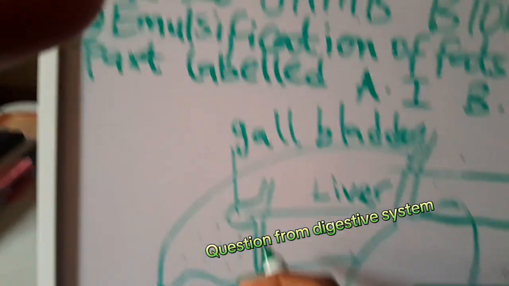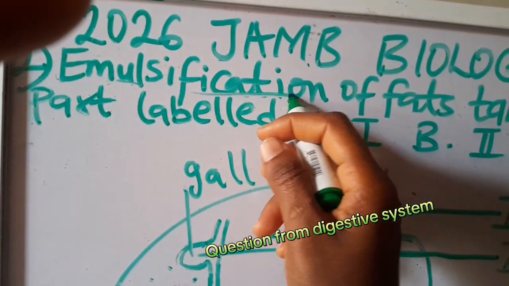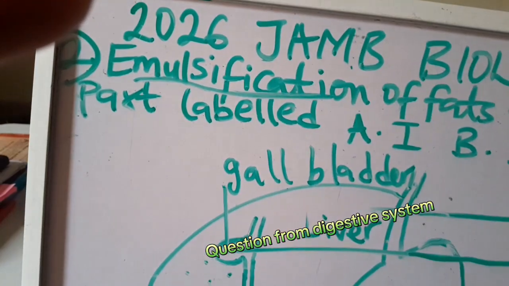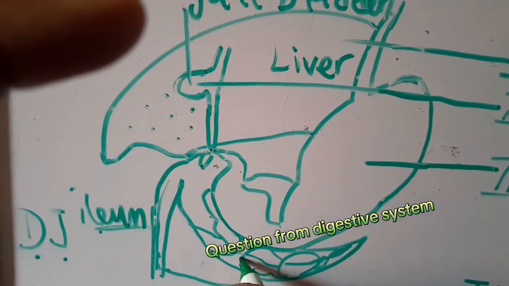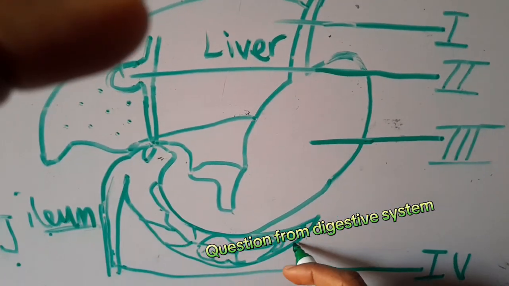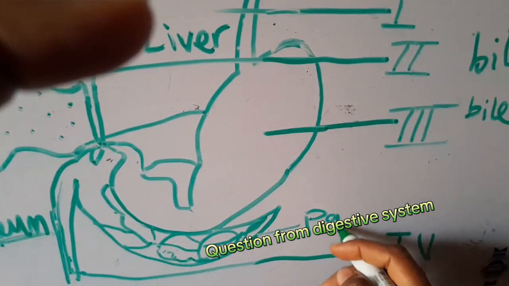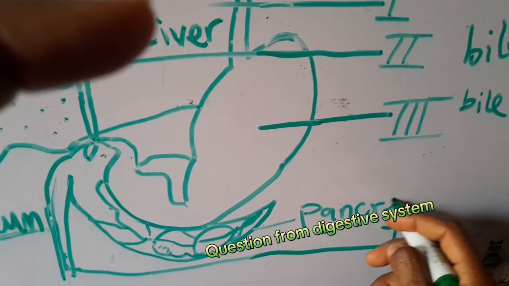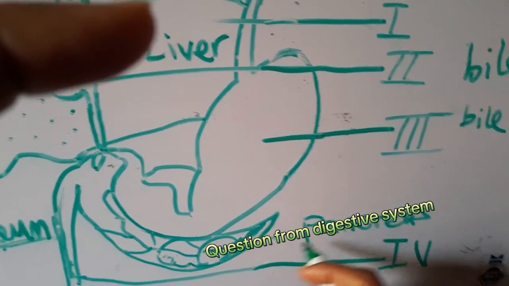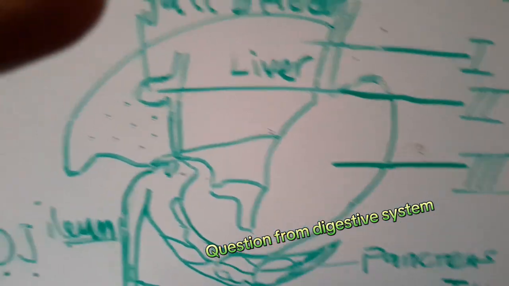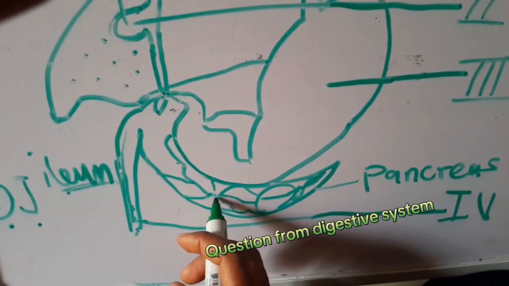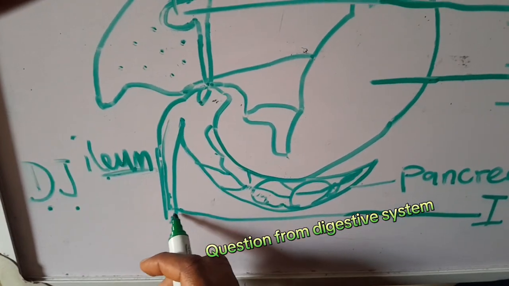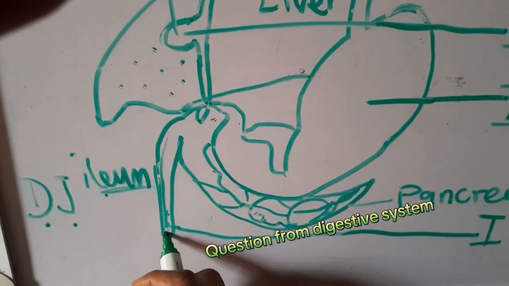Emulsification of fat is the breaking down of fat into smaller droplets before it can be broken down by the enzyme produced by the pancreas. There are actually three enzymes, but one of them will act on the fat and oil after it has been emulsified by the bile.